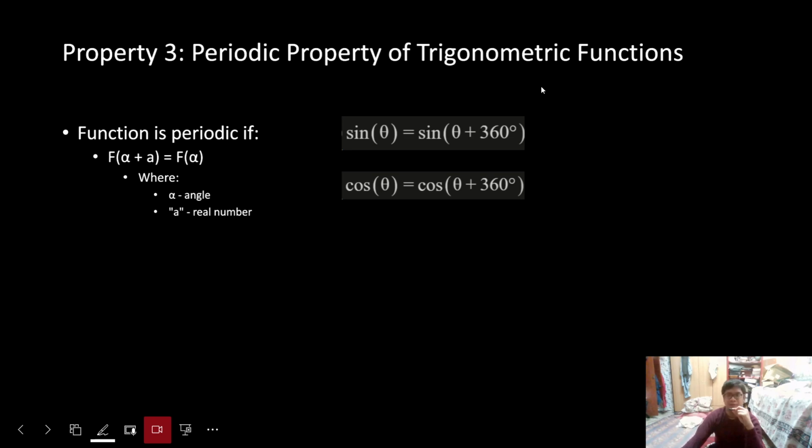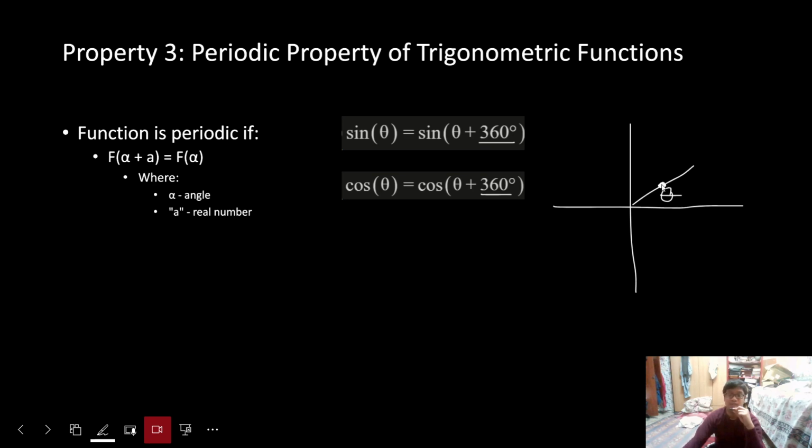Actually, there are other functions as well that have this type of property. If you observe sine and cosine on this graph, suppose we have a given angle and then we add 360 degrees. What happens is just like what I explained earlier.